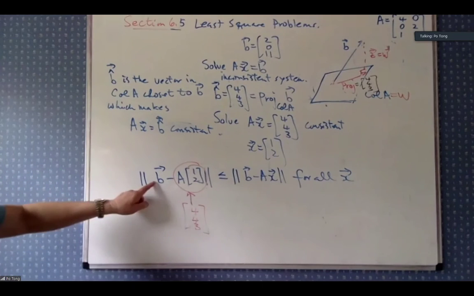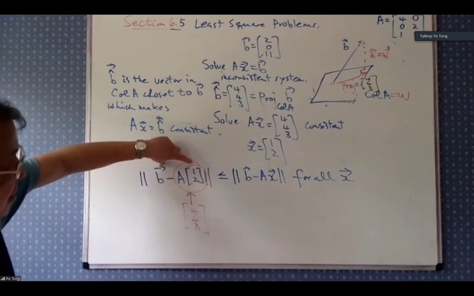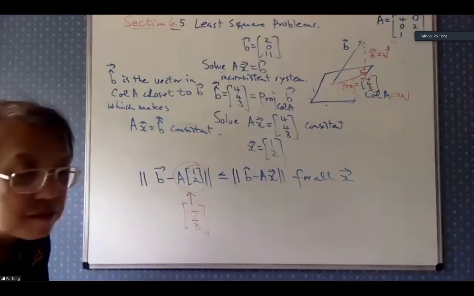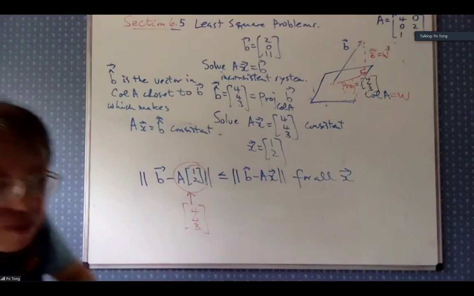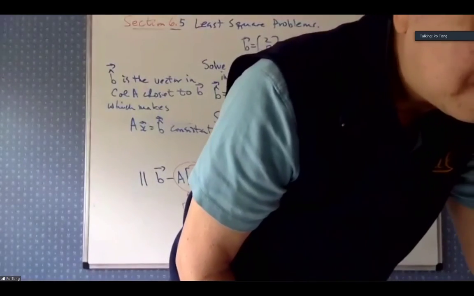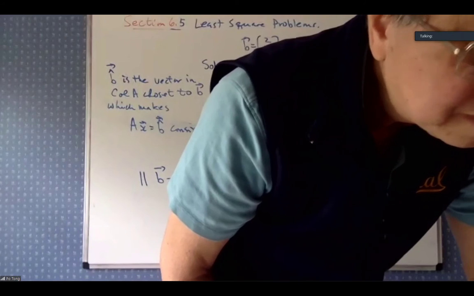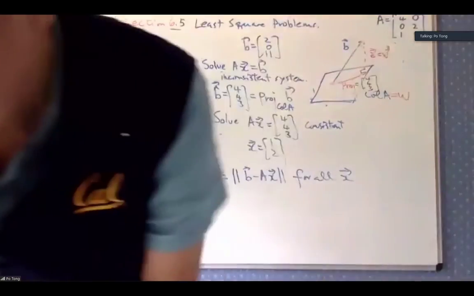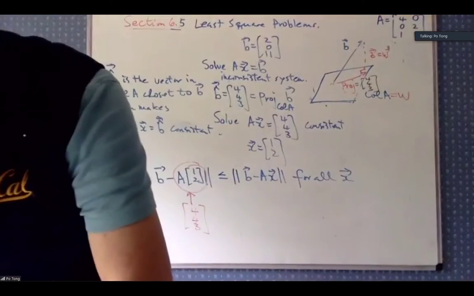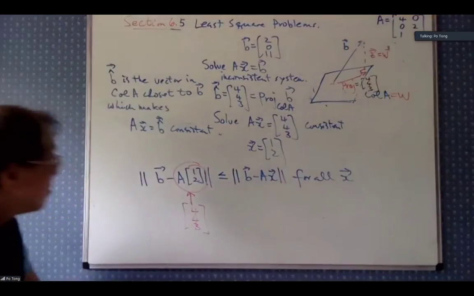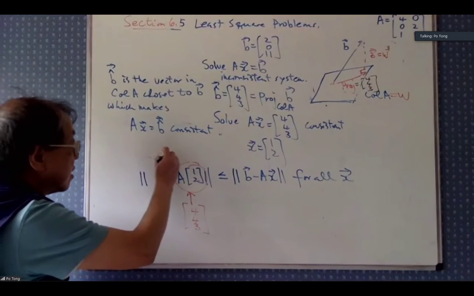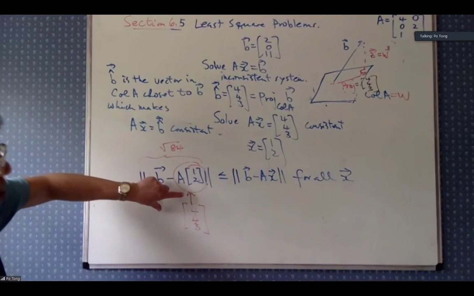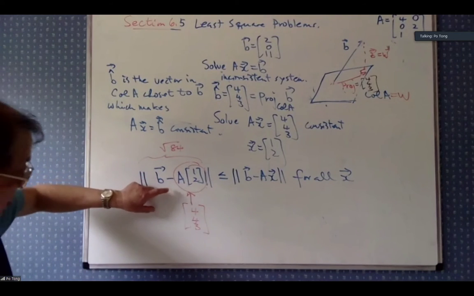B minus 4, 4, 3, so this distance, whatever that number is, we got square root 84. That is the shortest distance to B.